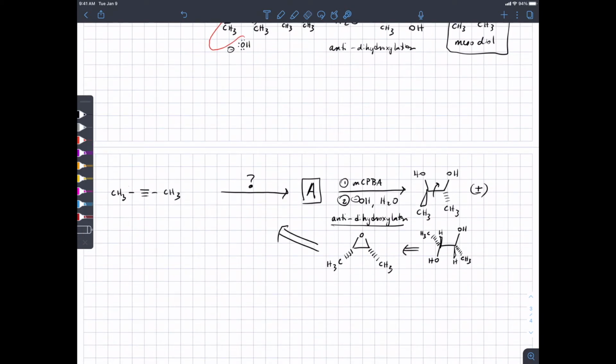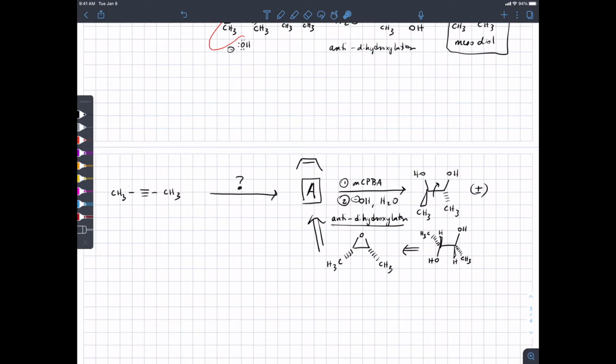So yes, product A has to be the cis alkene. Now, how do I get the cis alkene from this alkyne? That's from last time.